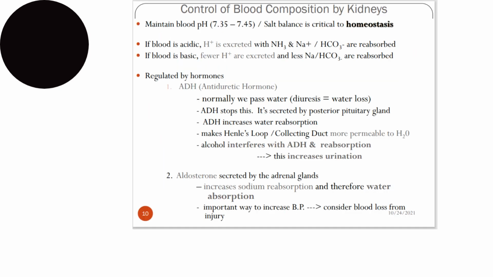Okay, now we move to the next part, which is control of blood composition by the kidneys. In this part, you should pay more attention to the role of two hormones in regulating water in the human body, which are antidiuretic hormone and also aldosterone.